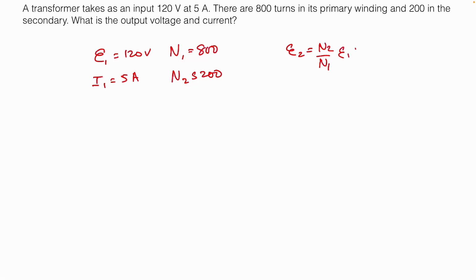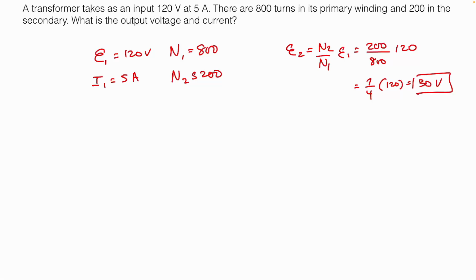Let's see what the math tells us. N2 is 200, N1 is 800, and the voltage was 120. So that's 200 over 800, 1/4, times 120, which last time I checked was 30. Did I get that right? 30 volts.